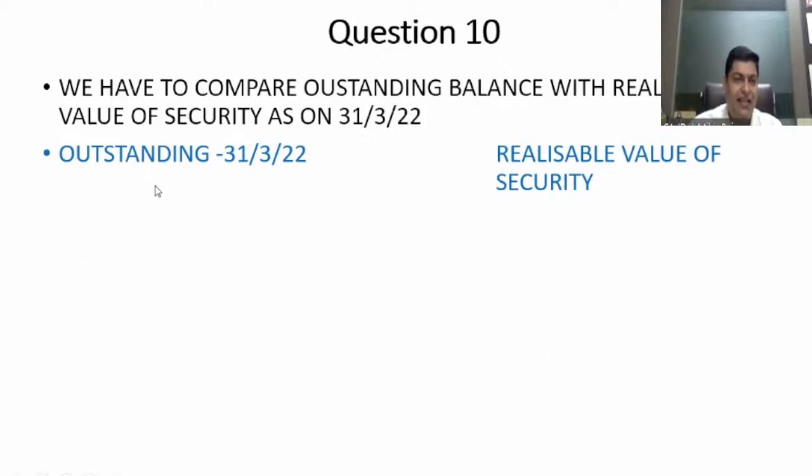What is the outstanding of the loan as on 31st March? What is the realizable value of security as on 31st March? And tell me whether the security is more than the balance or not.